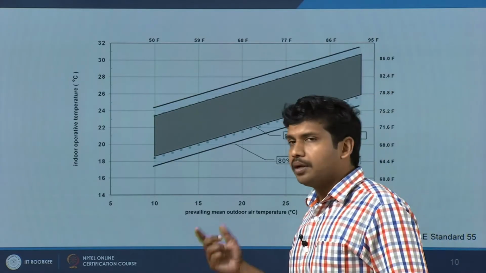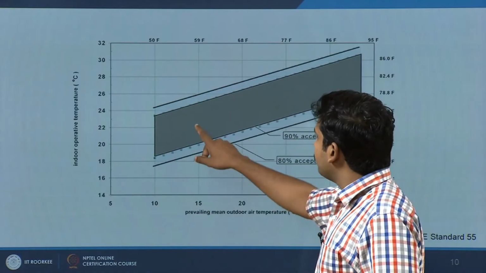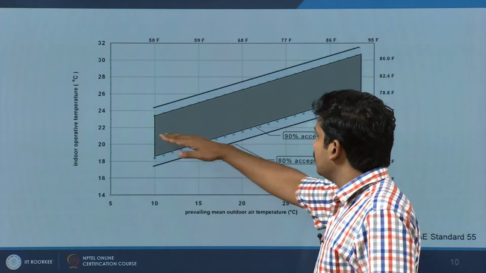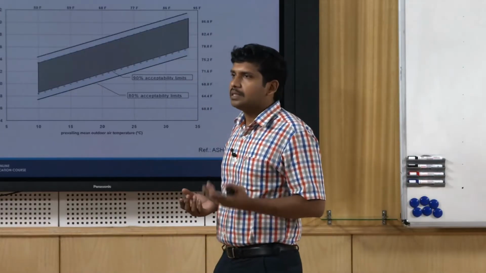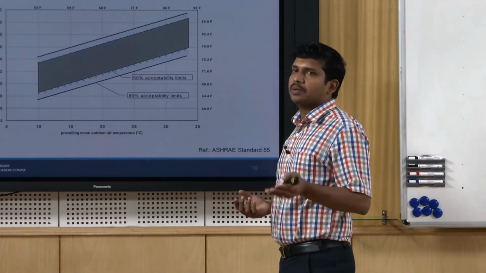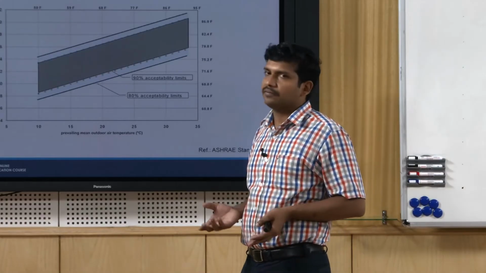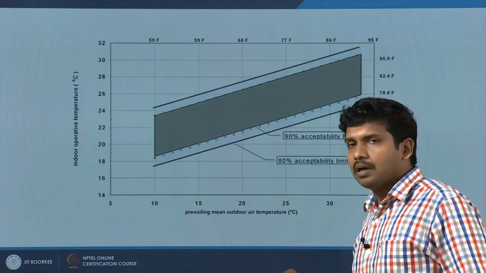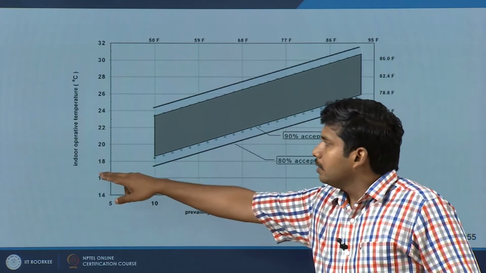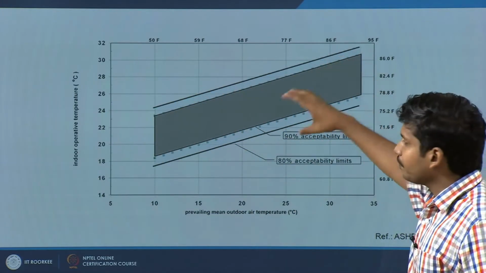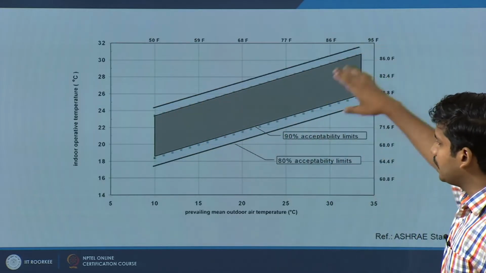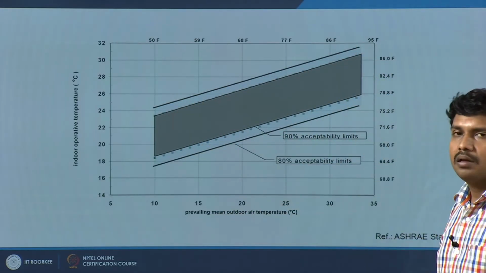Another interesting thing you need to notice here is that the comfort boundary is not a straight line like you see in your conventional model. We always say 24.5 degrees plus or minus 1.5 or 2 degrees is comfortable, but this particular model says that the indoor operative temperature, or rather the comfort band, increases proportionally with respect to the prevailing outdoor air temperature.